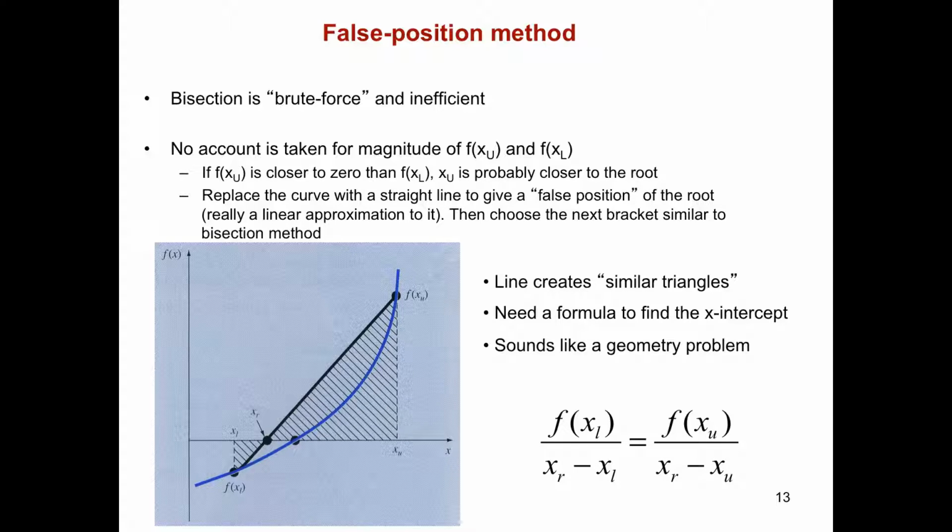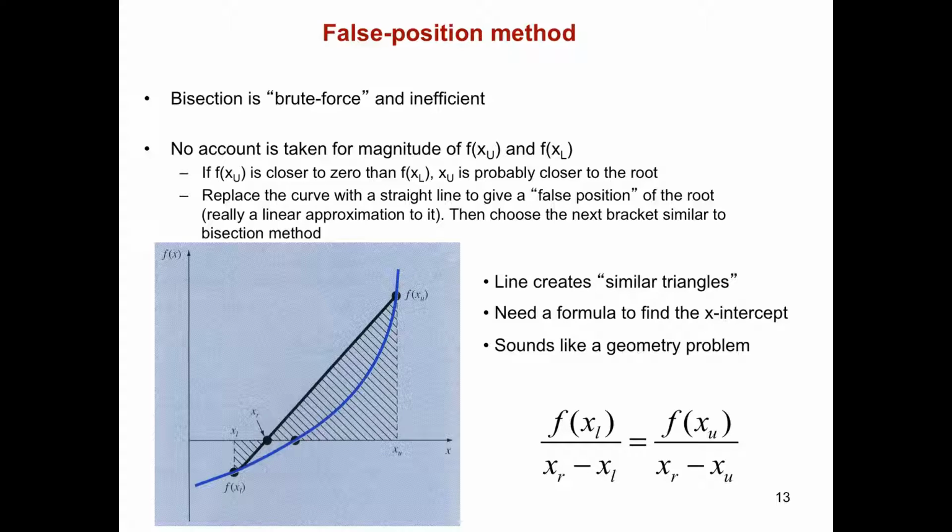Well, if I just draw a straight line, which I always can, between these two ends, I can maybe get there faster by looking at the intersection of this line. And this line is really just the first order approximation of my actual function. Okay. So this is just an approximation of this function in terms of a straight line if I have 2 points. If you do that, you're now wondering, so maybe this is my next XR.